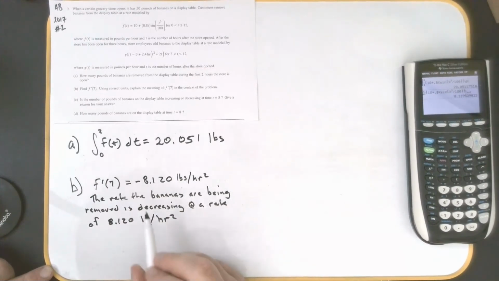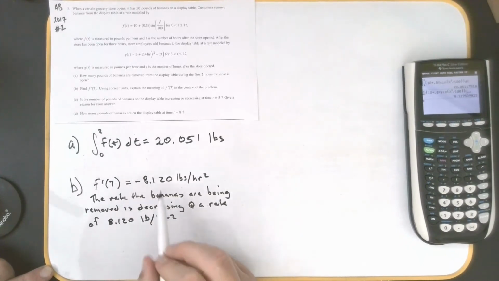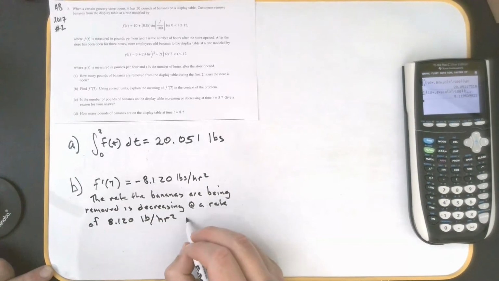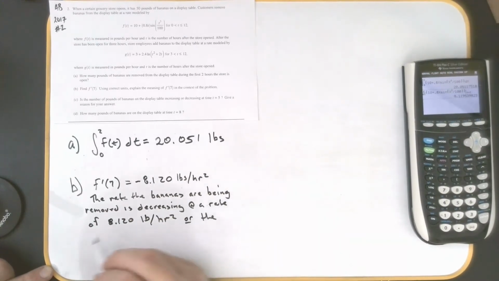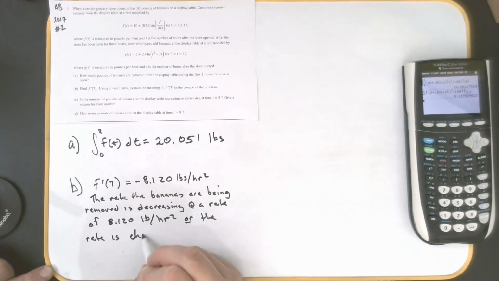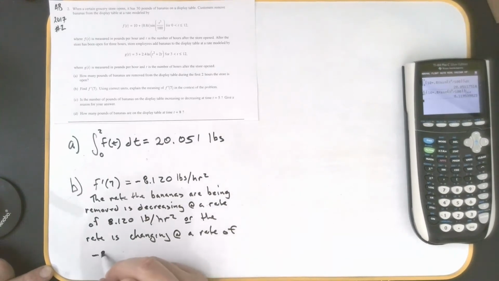Now what you could say is the rate the bananas are being removed is changing at a rate of negative, so I'm actually going to write that because some people prefer that. Or the rate is changing at a rate of negative 8.120 pounds per hour squared.